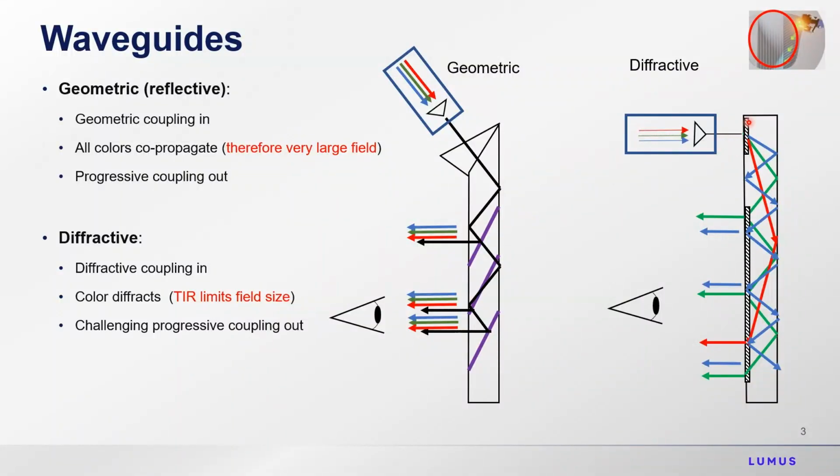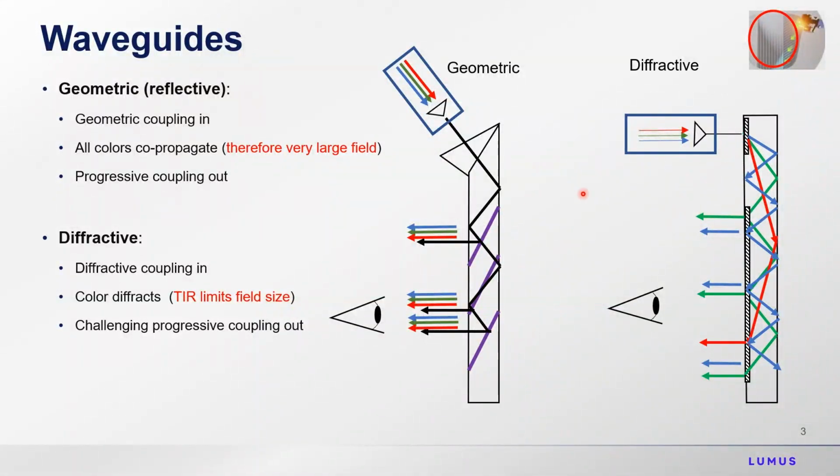Just for comparison, diffractive works differently. You have a diffractive element, or a hologram or grating, coupling in, which creates dispersion of the colors. Each one propagates at a different angle, and then when they couple out, the grating creates a negative dispersion that causes the beams to co-propagate towards the observer, towards the eye.